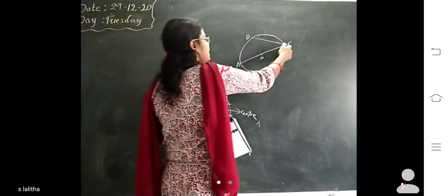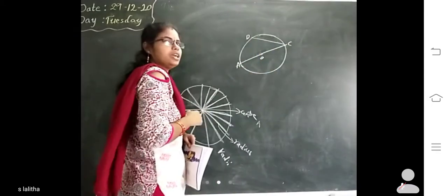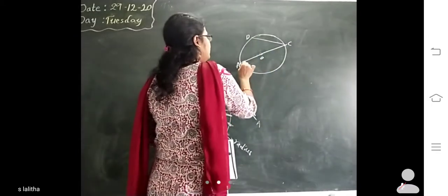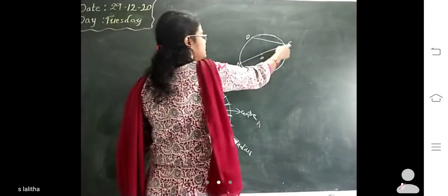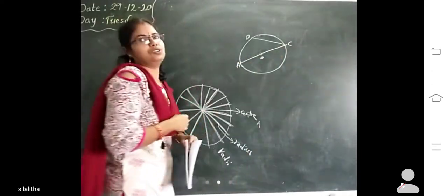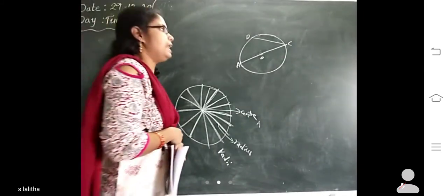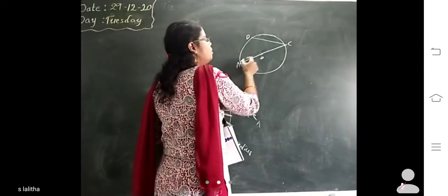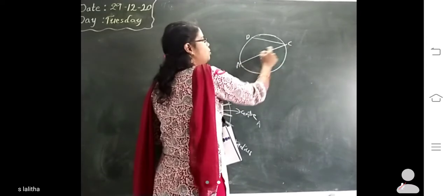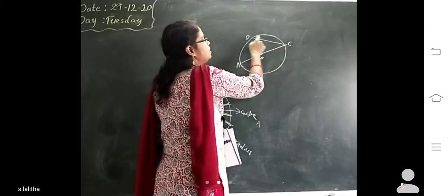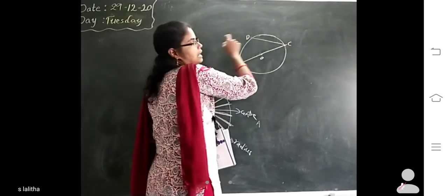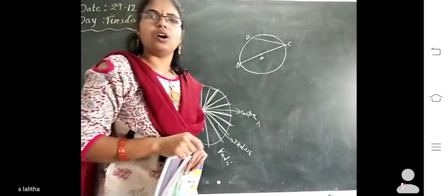Two lines, AD and CD. And next, the line joining two points on the circle is called a chord. Here two points are joined by this line, no? So chord. Here also two points are joined by a line. So that's why these two lines are called chords.